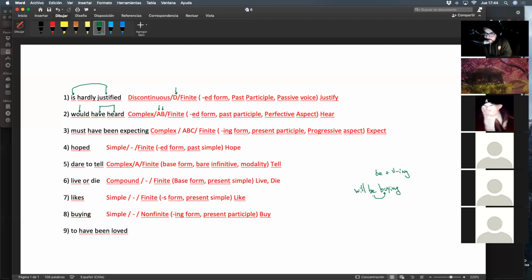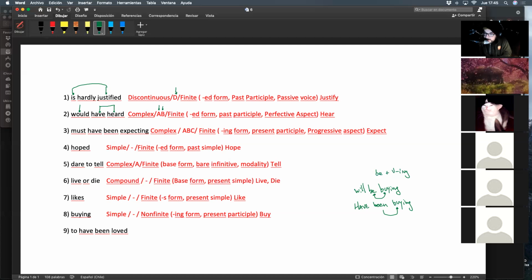Aquí está el progresivo. No sé si te das cuenta que el verbo to be puede estar en diferentes formas. Que en will be buying es progresivo y have been buying también es progresivo.